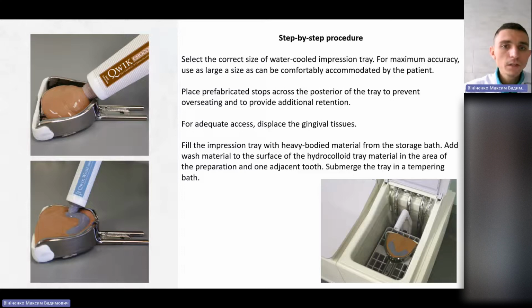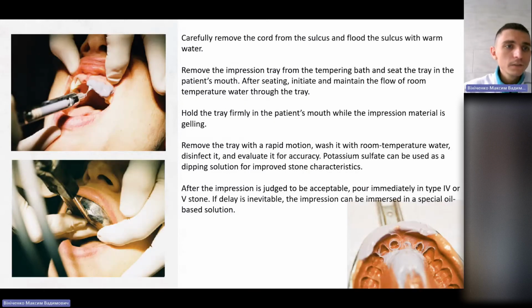Submerge the tray in a tempering bath. Remove cord from the sulcus and flood the sulcus with warm water. Then remove the impression tray from the tempering bath and seat the tray in the patient's mouth. After seating, initiate and maintain the flow of room temperature water through the tray.